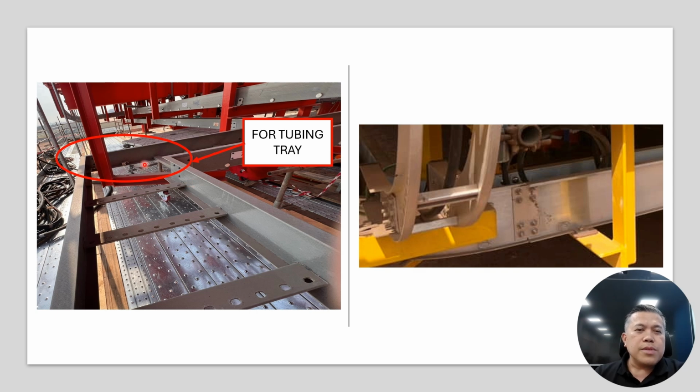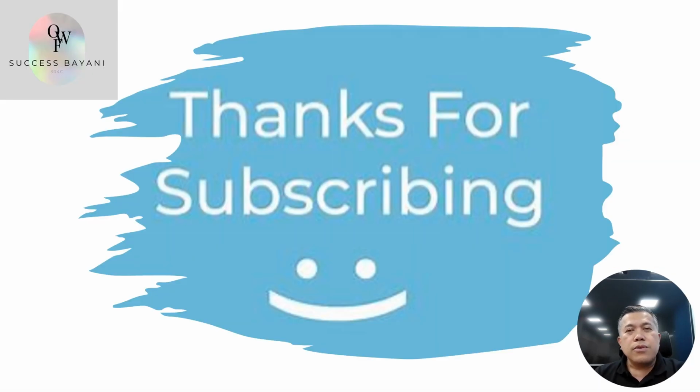So this kind of installation belongs to the tubing only, right? That's additional information from your side. All right, so just simple information about the differences between the cable installations of Aramco and ADNOC.